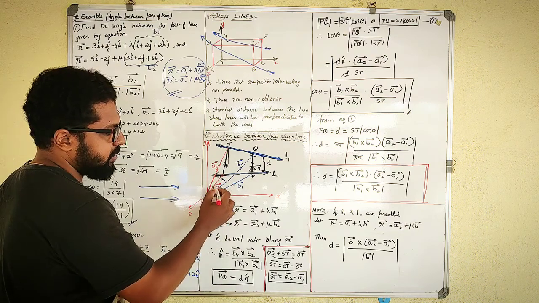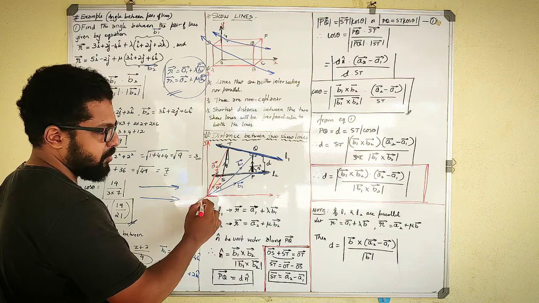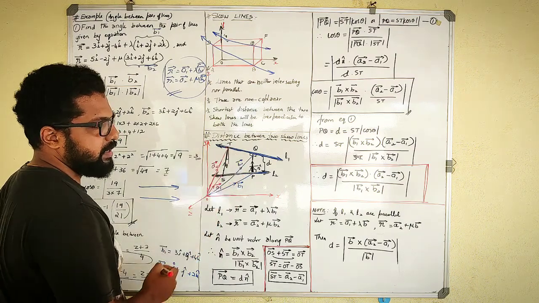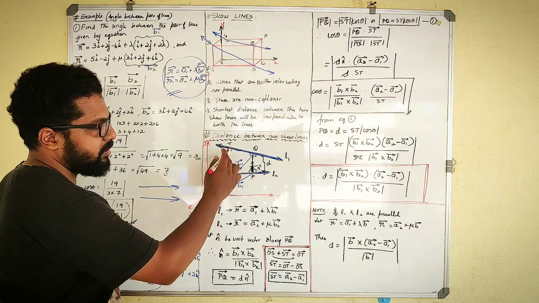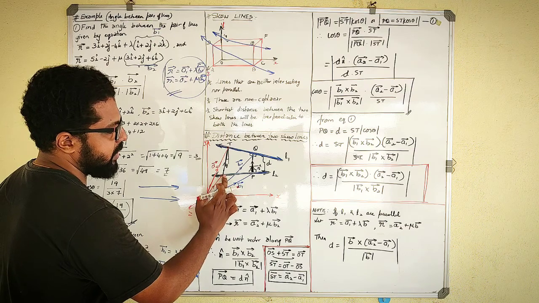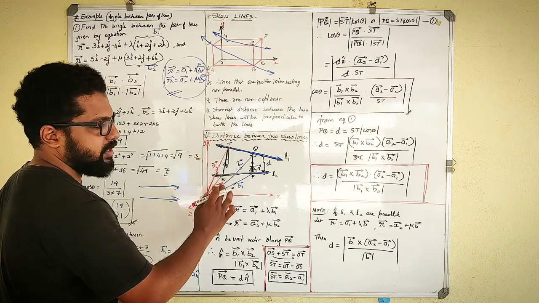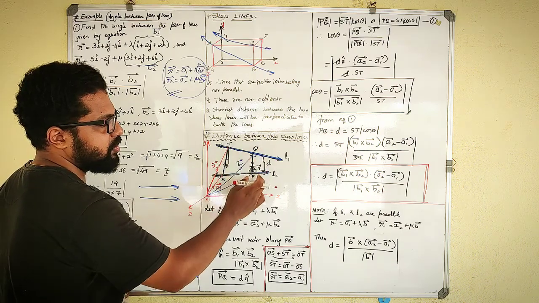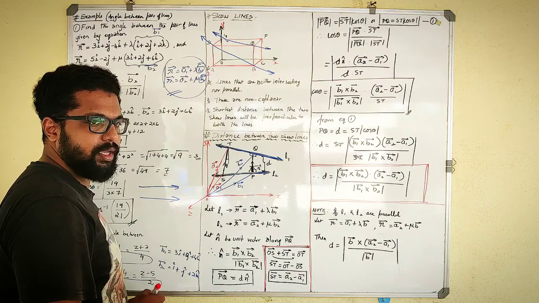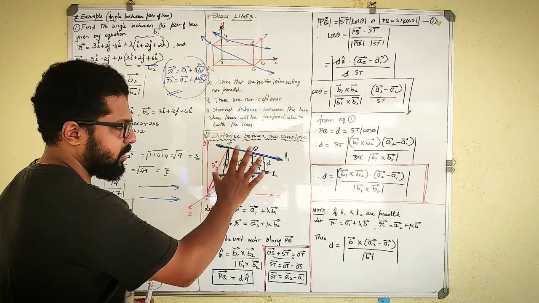This is my position vector for point S. Then on L2, let me imagine a point T, and this is the position vector for T. Let me call these position vectors A1 and A2. These are random points on the two lines, and P and Q are also random points, having position vectors B1 and B2. So these four points are marked here.